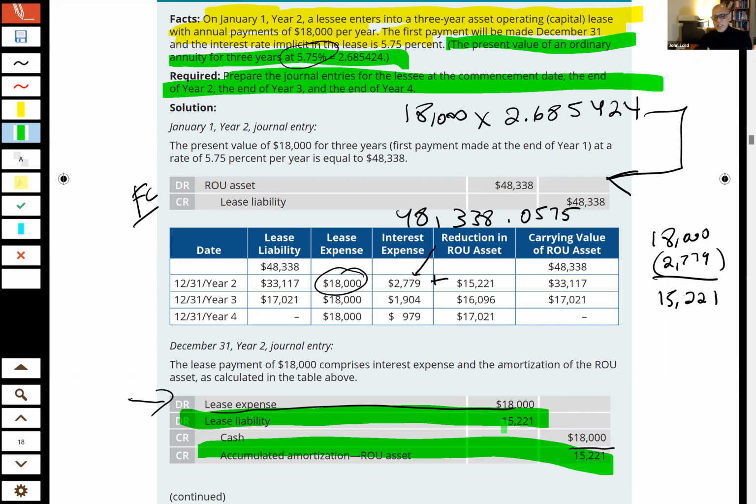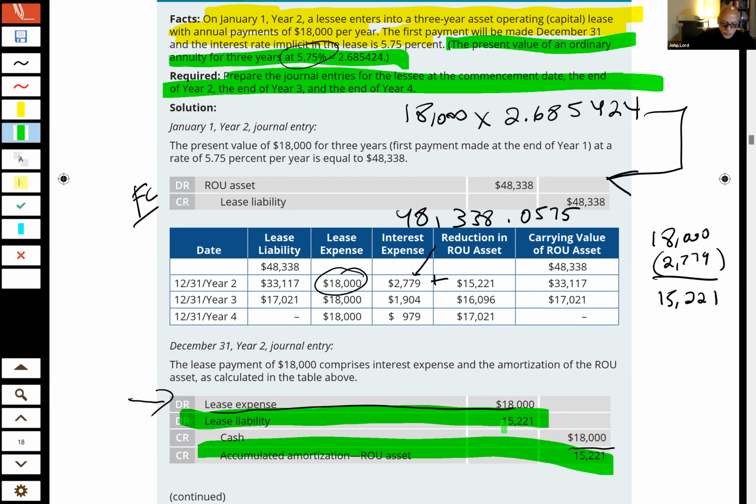So it's kind of like setting it up like a rental agreement in which you're crediting cash and taking an expense. But what they wanted you to do was, at the onset of the lease, recognize the balance sheet effect by bringing that right of use asset and that liability on the books, and then amortizing that down at the same rate over the term as you make the payments.